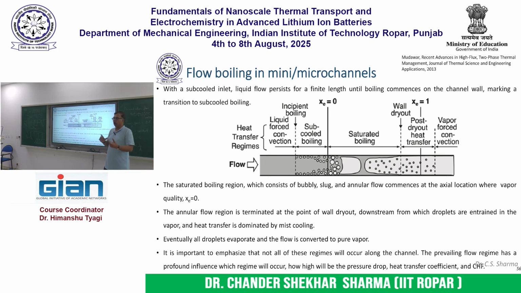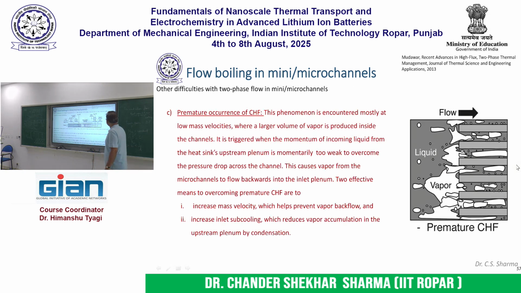So a lot of control algorithms are usually implemented while dealing with flow boiling, where the flow rate and the temperatures are continuously controlled so that the flow remains in the preferred region and maintains the wetness of the walls. There can be many instabilities in this flow.